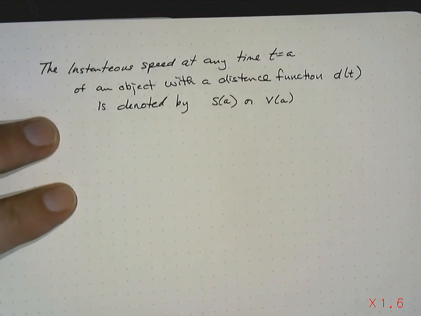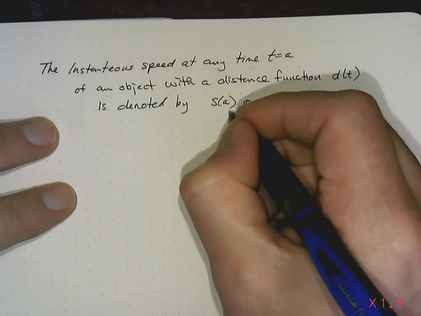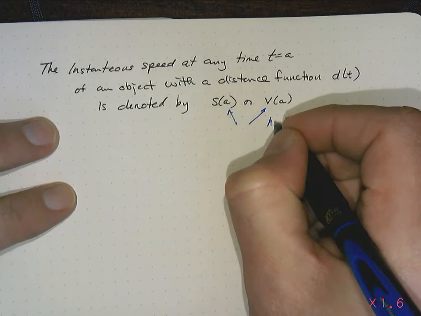So from now on, when we have s of a or v of a, these mean instantaneous.